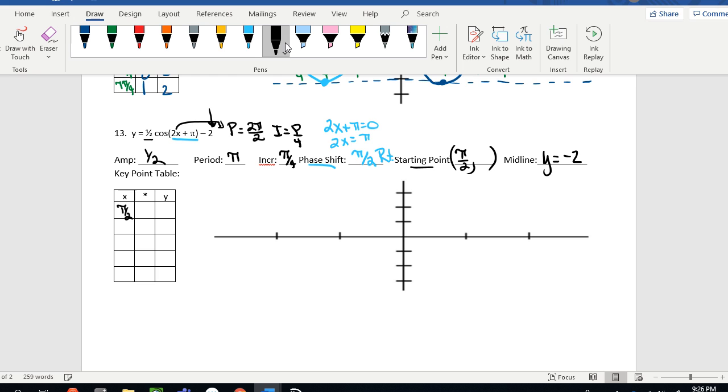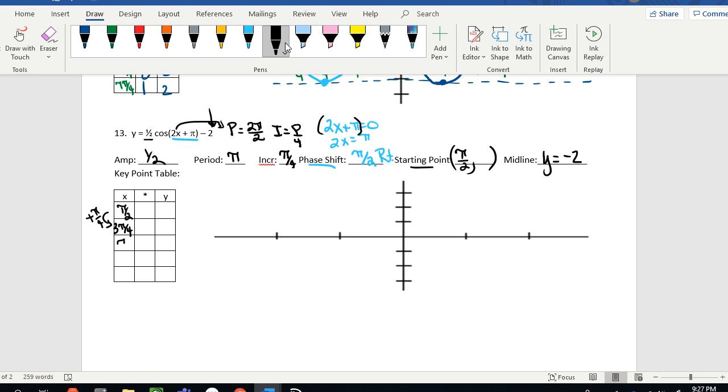So I'm going to start here with my pi over 2. That was my starting point. I set the parentheses equal to 0. This is where the parentheses were. Now, I know the increment is going to be pi over 4, so I am adding pi over 4. I'm adding quarter pies again. So if I'm at 50 cents, I add a quarter, I get 3/4 pi.